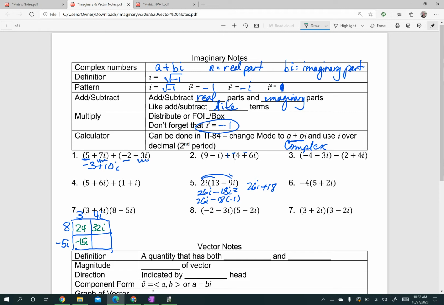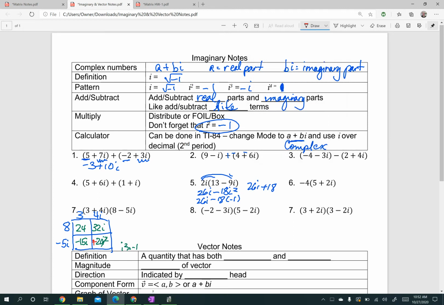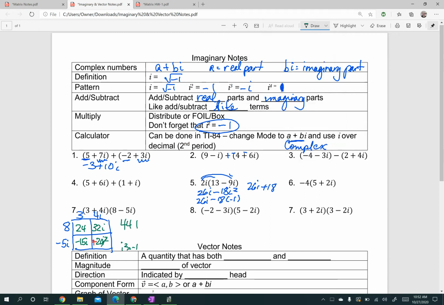And 4 times -5 is -20, and i times i is i squared. Remember, i squared is equal to -1. So when you cross this out, that changes the sign here to a positive. So now we have 24 plus 20 is 44, plus 32i and -15i is 17i, and that'll be your answer.